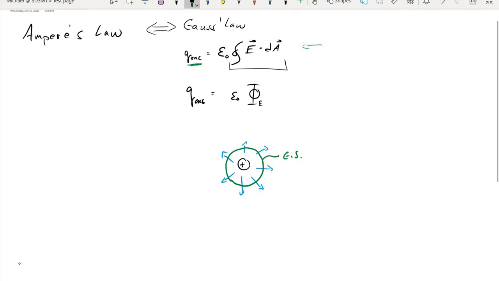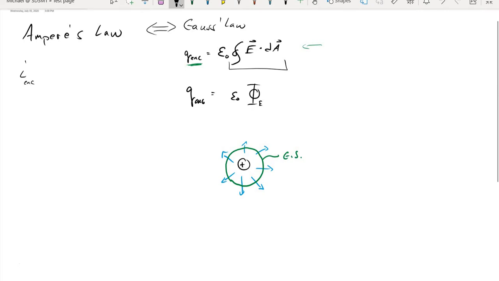But instead of an enclosed charge, we will have an enclosed current value. And this implies something to carry that current. We're going to use a wire. Now that wire could be a straight portion of wire, it could be a curved portion of wire. In either case, we have previous descriptions and expressions that tell us what those magnetic fields should look like.